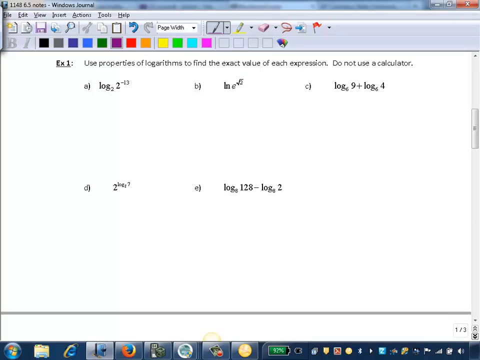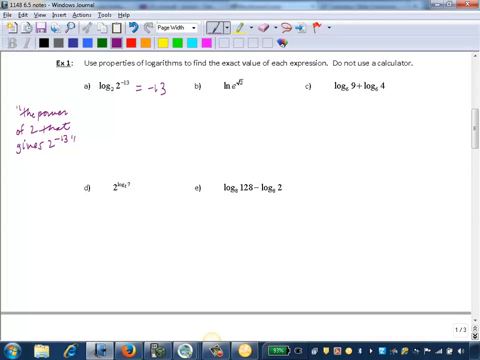Just upon inspection, we can see this is going to be negative 13. Remember, this is the power of 2 that gives us 2 to the negative 13. That's the most direct way, just understanding that definition.